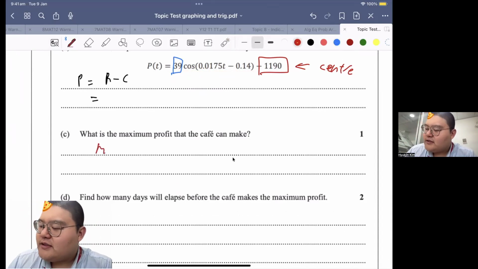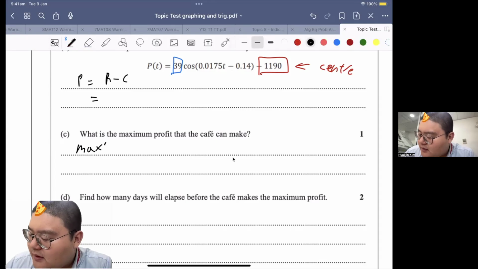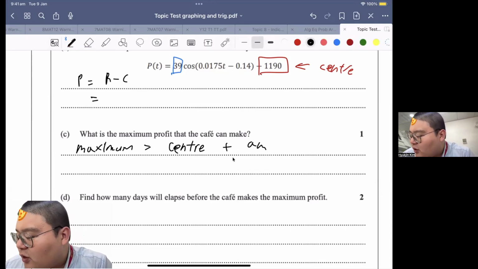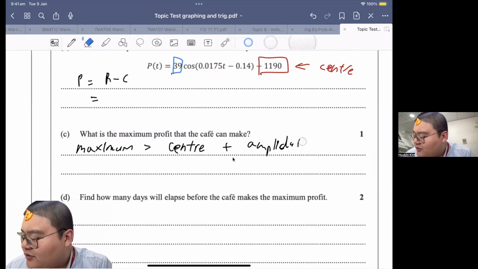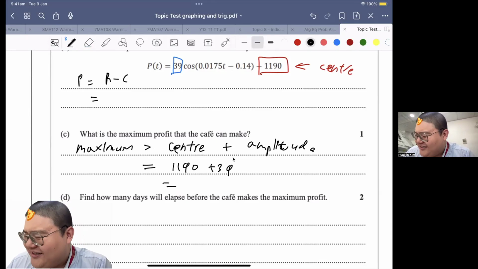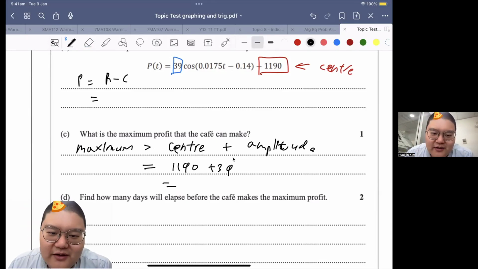So all we need to do is remember, maximum is center of motion plus amplitude, always. That's what it is always. 1190 plus 39, which is really trash. Anyhow, whatever that is, I can't do that in my head anymore.